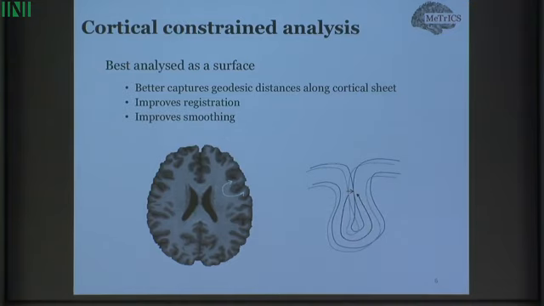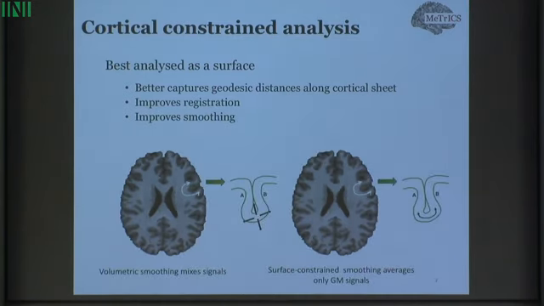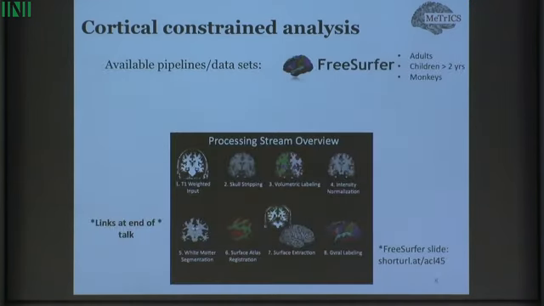Whereas if we represent the true distances between these 2 regions, it's much less likely that this level of gross misalignment would happen. And surface-constrained smoothing prevents mixing of signal between the cortex and the subcortical white matter. This is particularly important for example for functional imaging data, because these are signals that originate from the cortex, and the signals from the white matter are assumed to be noise.